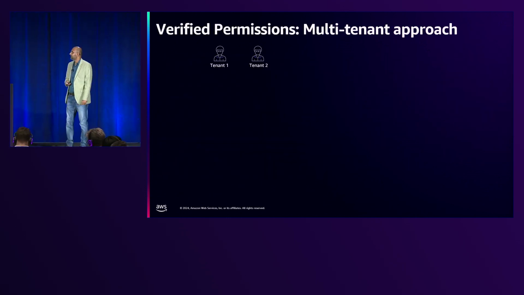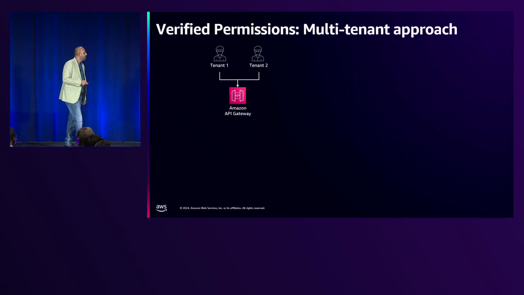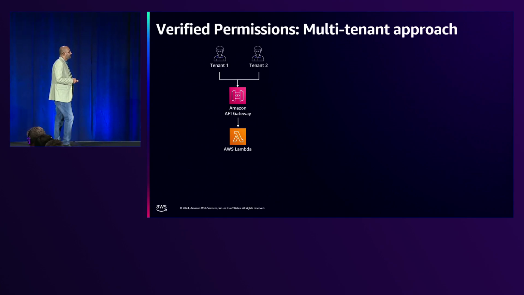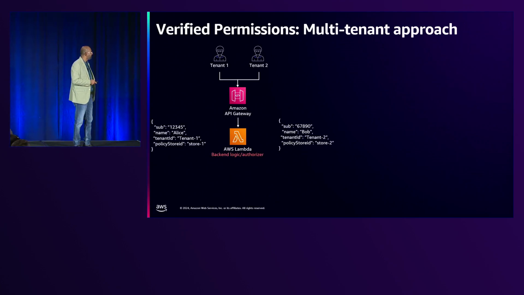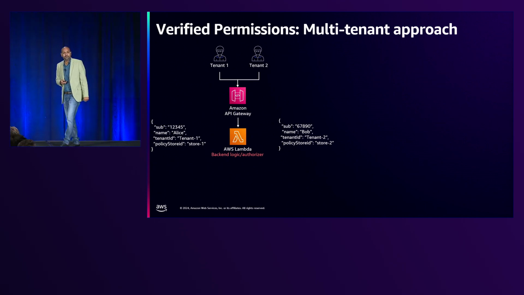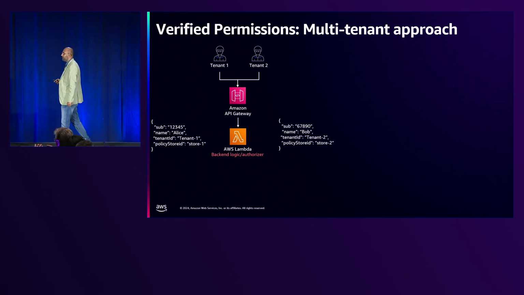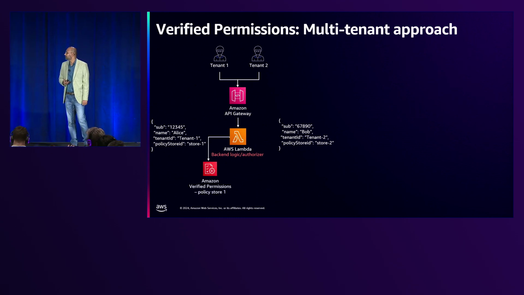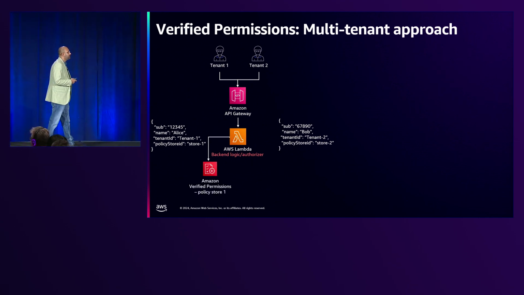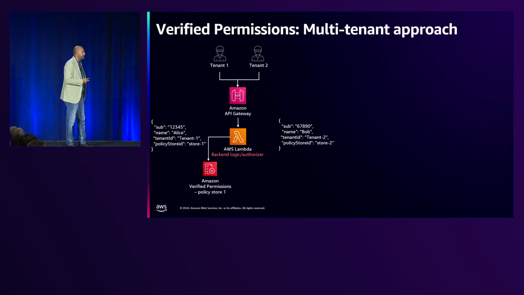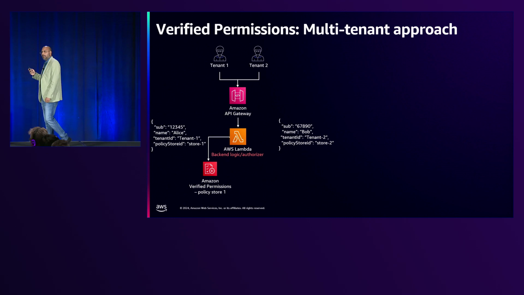So how does it look in the implementation? Different tenants are accessing the common pooled microservices, order or product in our use case. Each user has their own tenancy context, for example tenant 1 and tenant 2. If each tenant has their own complex authorization requirements, then we can define a different policy store for each of these tenants.